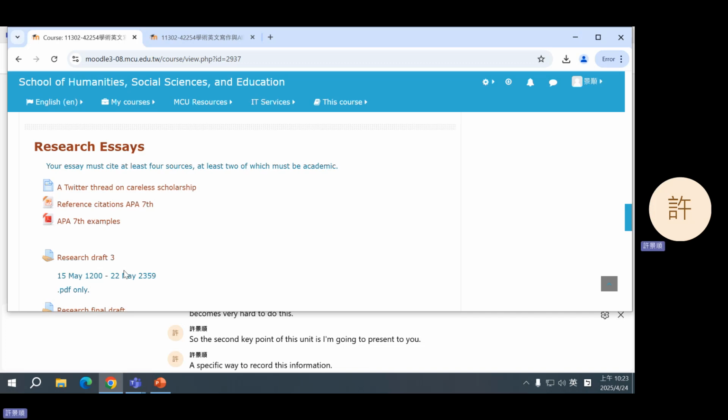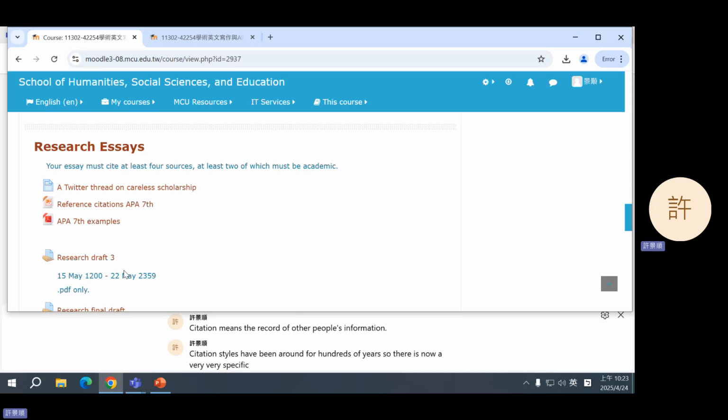This is called a citation style. Citation means the record of other people's information. Citation styles have been around for hundreds of years, so there is now a very, very specific way to do this. Different fields will have different ways.